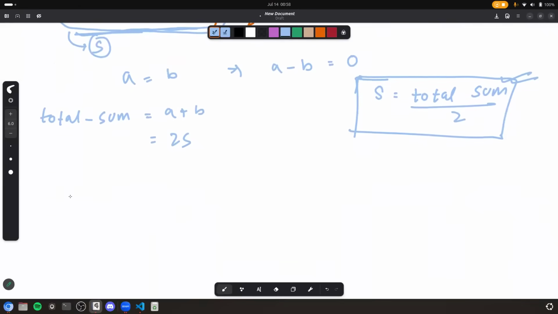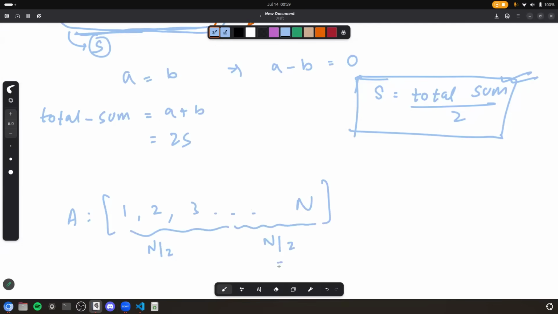Basically, if we have an array 1, 2, 3 till n, and the sum of first n by 2 elements is equal to the sum of last n by 2 elements, right? And this is equal to s.